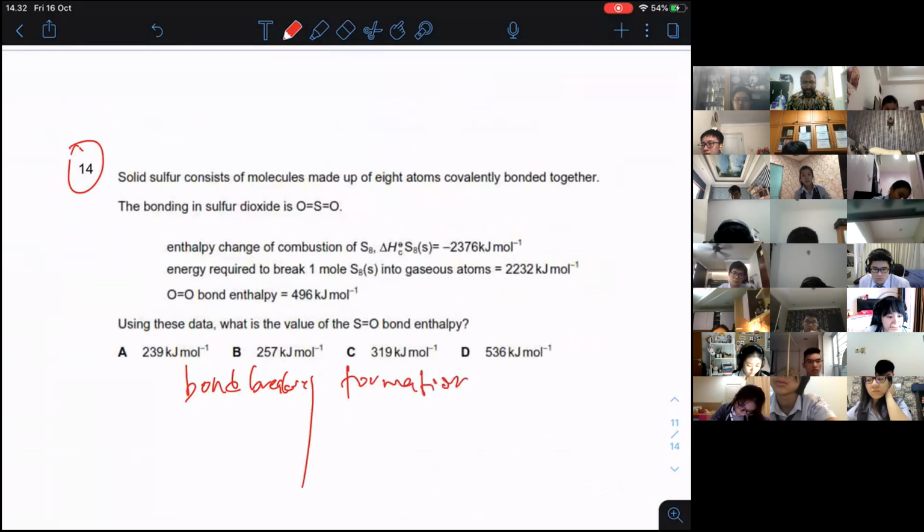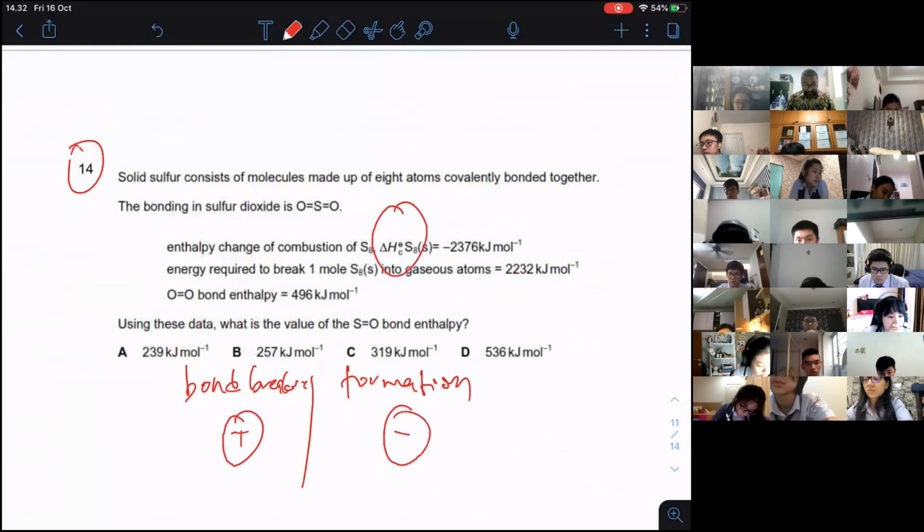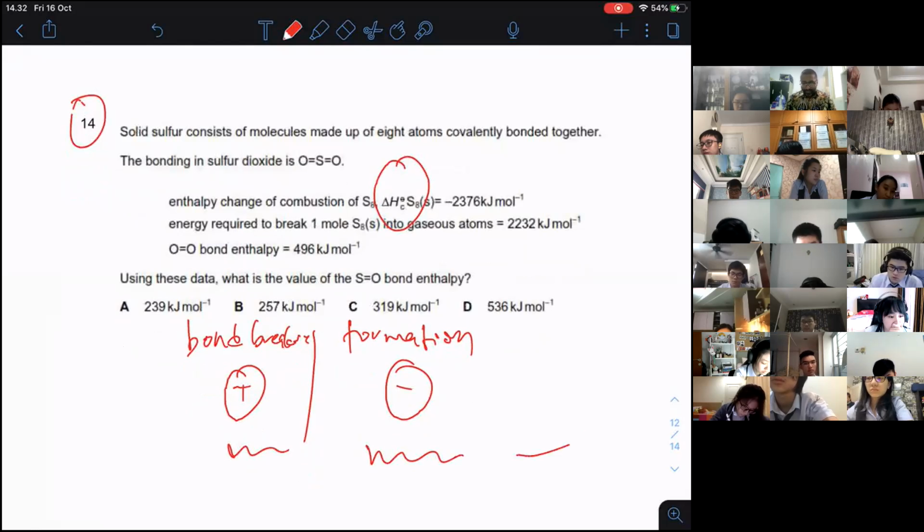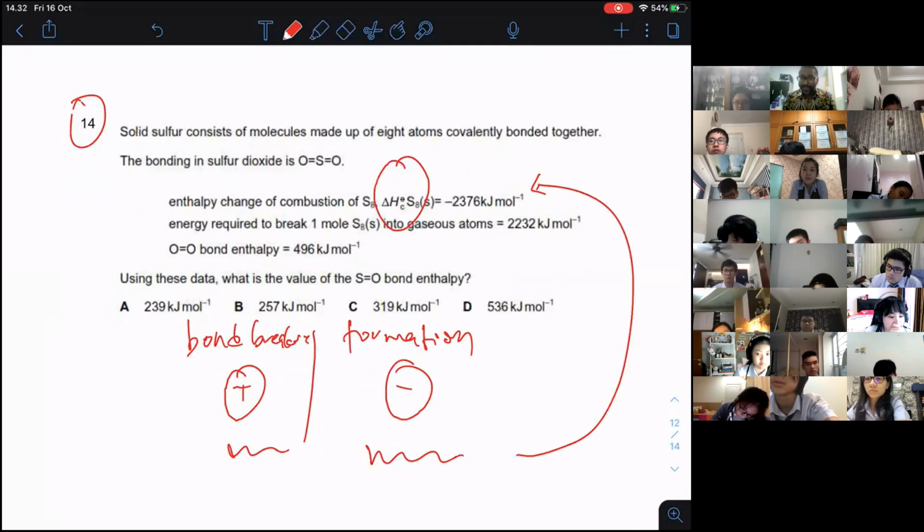The enthalpy change of combustion involves bond breaking, which is always going to be positive. Bond formation is always negative. So whatever value that you have here, plus whatever value that you have over here, it will give you this. So whatever information that you want to find, you can find out from this relationship. I will teach you tomorrow.